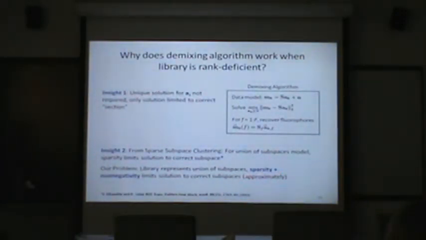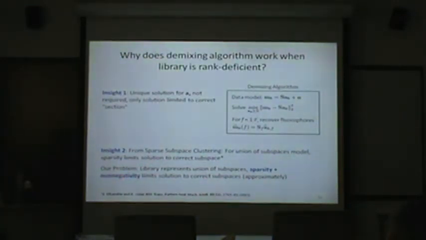And then if we ask for a sparse solution and combine it with this non-negativity, we see that we also get a solution that's limited to the correct section approximately. And I say approximately because there are small non-zero coefficients in other subspaces, but they're really, really tiny. And as you can see, the results that we get are really good. It works within a couple of percent error for us.